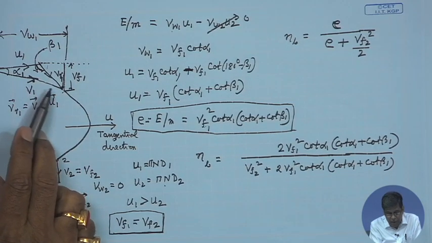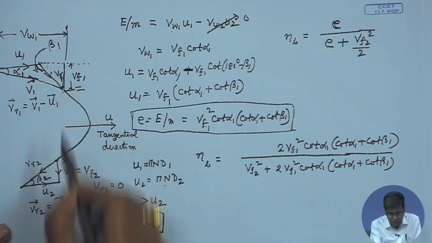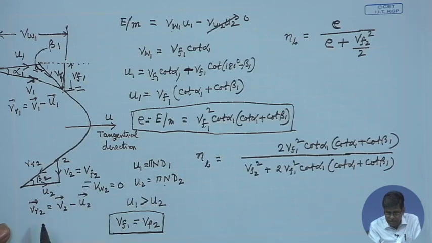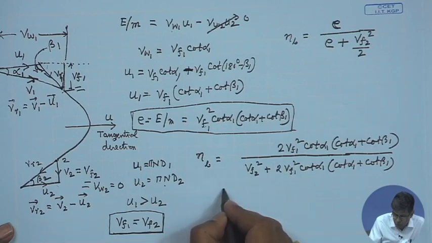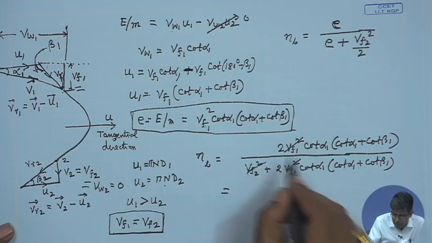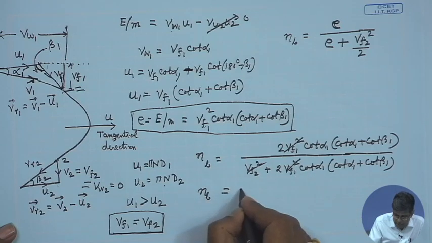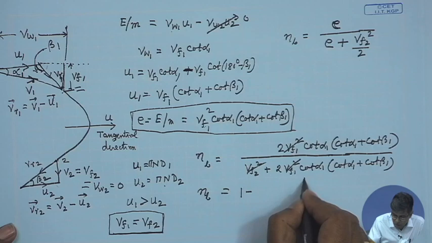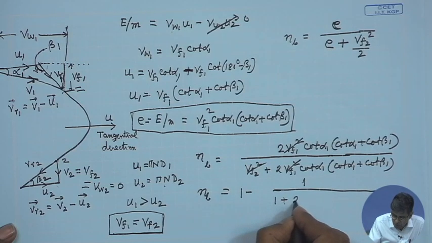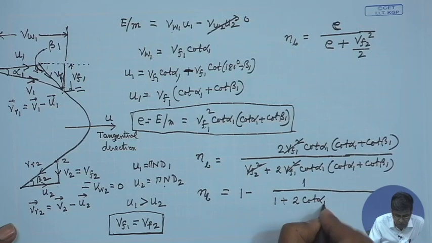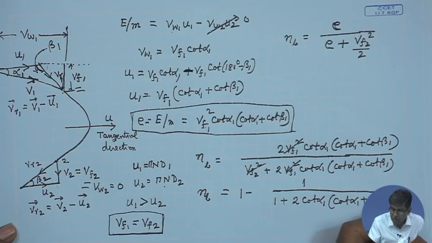So, to have this, the flow velocities in the radial direction, that means Vf1 and Vf2, are kept the same. So, if we substitute Vf1 equal to Vf2, then this will be cancelled out, and with a little rearrangement we can write eta b as 1 minus 1 by, just a simple rearrangement, 1 plus 2 cot alpha 1 into cot alpha 1 plus cot beta 1.